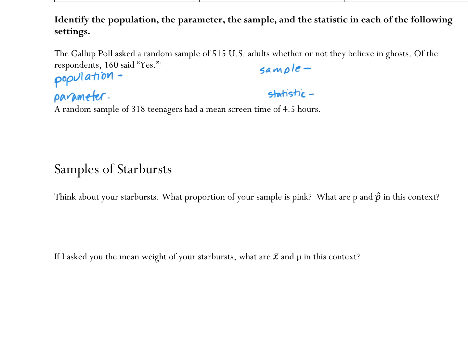What is my sample? 515 adults in the U.S. The 515 U.S. adults, which we were told was randomly drawn from all U.S. adults. So my population would be all U.S. adults.